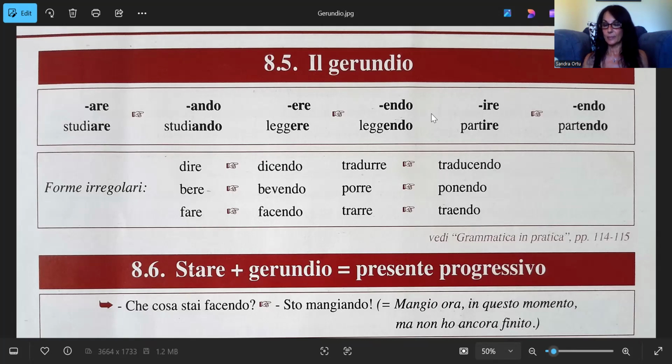Andare a fare la spesa è noioso, è divertente. So that's another thing you have to be careful of. You cannot use this ing on its own and expect to do the same in Italian. In Italian, in that case, we use the infinitive. So be careful about what you are actually saying.